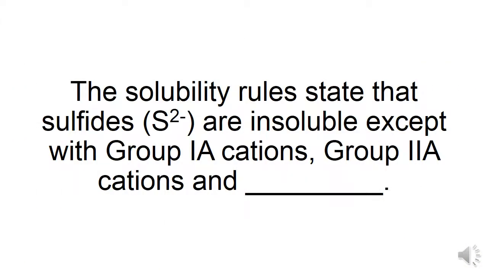All right, so the solubility rules state that sulfides, S2 negative, are insoluble except with group 1A cations, group 2A cations, and blank. Remember group 1A, that's Na plus, K plus. Group 2A, that's like Mg2 plus, Ca2 plus, Sr2 plus, strontium, barium.